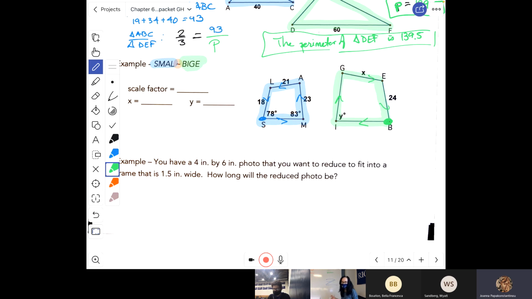So let's take a look at the similarity that we have. Again, pay attention to the order. So I've been given angle measures, and I know similar polygons have corresponding angles congruent, right? So let's take a look at what we know. So let's start with the vertex that they started with. What angle is corresponding to this?